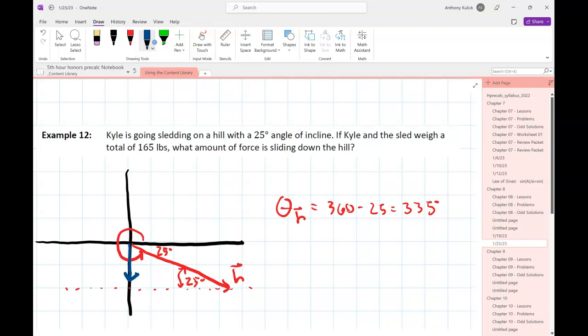The force acting on that is going to be gravity. Everybody agree with that? So I'll call that force G. Notice G is pointing directly down, so the x-coordinate is 0. The y-coordinate is negative, and pounds are a measure of force, so we'll just call it negative 165.